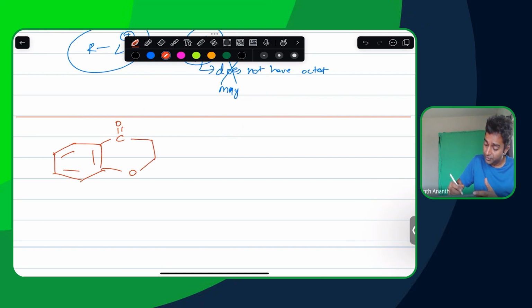In this case, this oxygen is mainly helping this location. And this location is meta with respect to this, right?